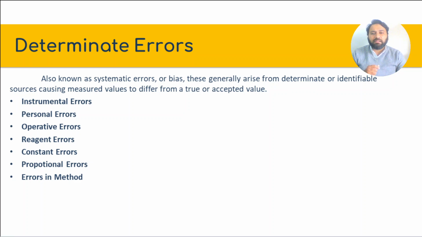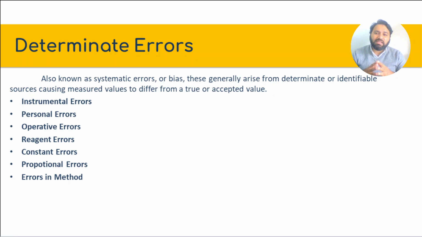Now, errors in the method. These are inherent in the method and they cannot be changed. These errors occur due to the selection of the wrong method. For example, if the synthesis of one product takes place in 3 hours, but we have given 2 hours, then what will be the final product? The final product will be defective.